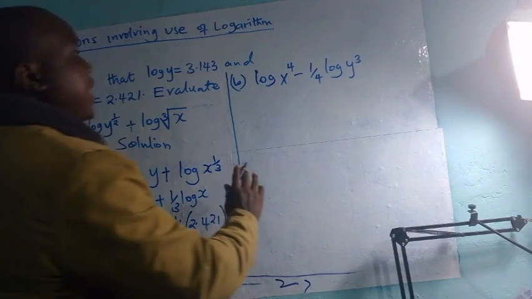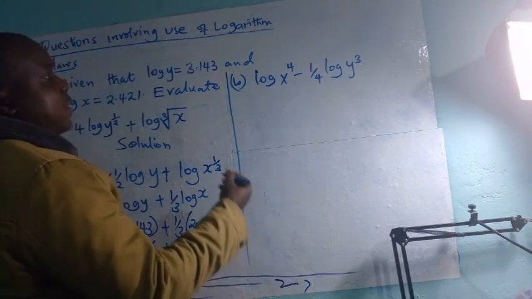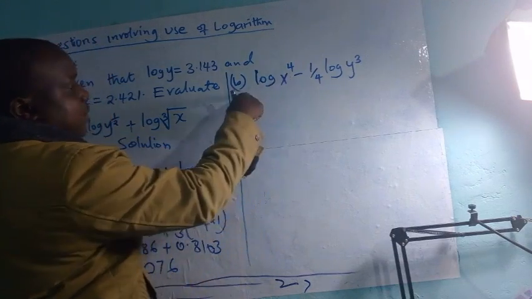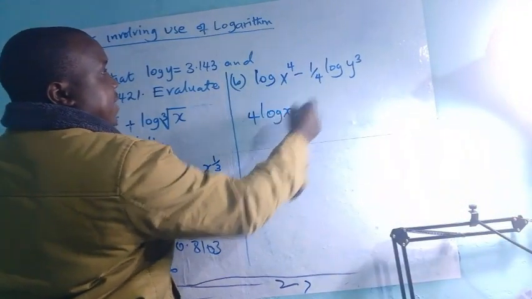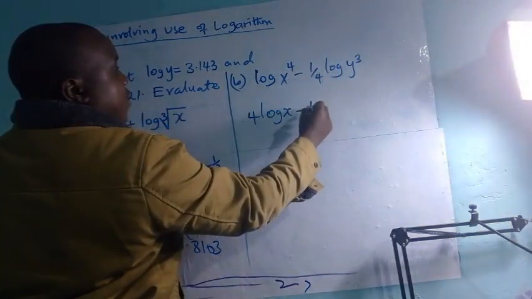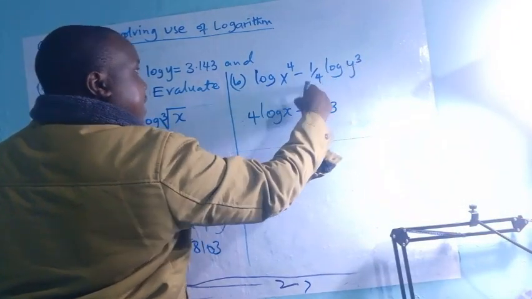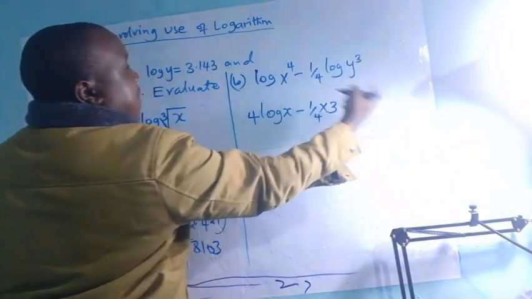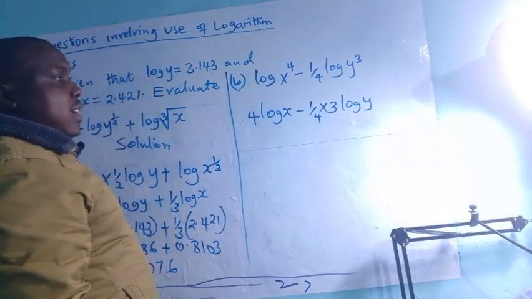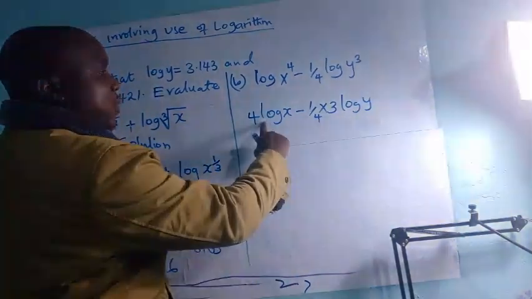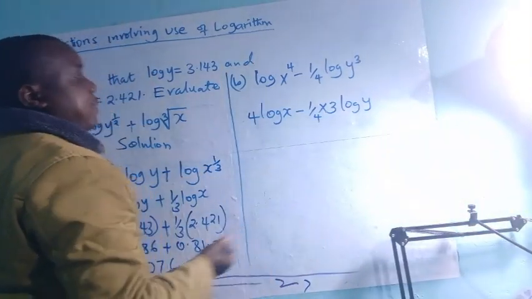Simple way, understanding the rules of logarithms, that's very simple. Now bring the power to the left. We have 4 log x minus, bring the power here. We will have 1 over 4 times 3, because this is the power and this is the power. Log y. Our intention is to ensure that we have log x and log y alone, not power.